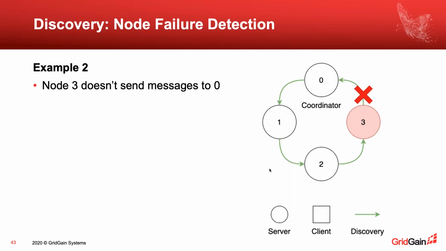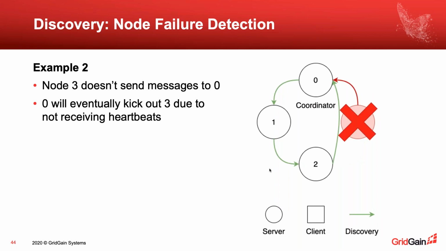So in this case, we will invoke our second rule. We didn't hear from node number 3 for some time. It means that probably node number 3 has failed. And node number 0, not hearing from node 3 for some time, will initiate failure detection routines, and the cluster will realize that it's node number 3 which is not sending the messages further, and this is how node number 3 will get excluded.